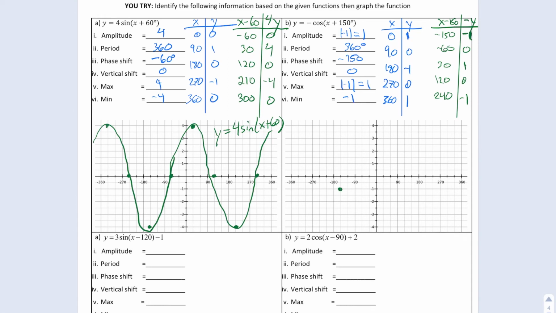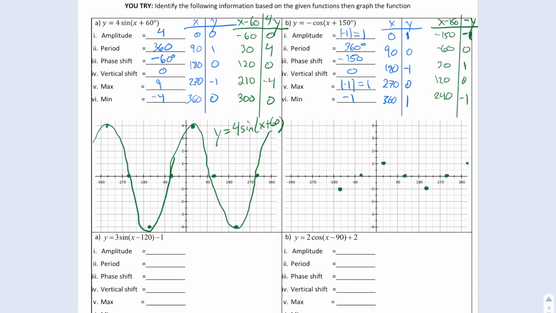So if we go ahead and plot that, so there's one cycle.